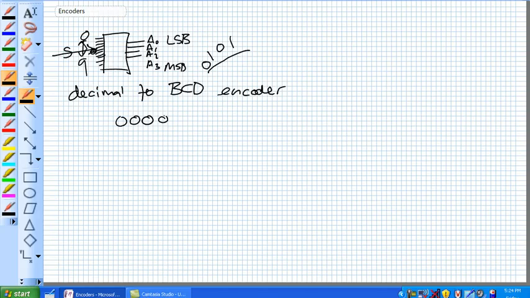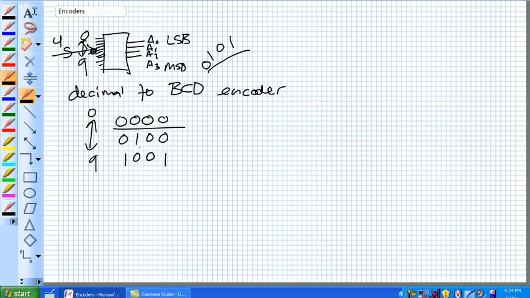You press the 4 key, that's what the output's going to be. Press the 9 key, and on and on, 0 to 9. So anytime you press one specified input, you get a specific combo of bits on the output. That's what an encoder is.